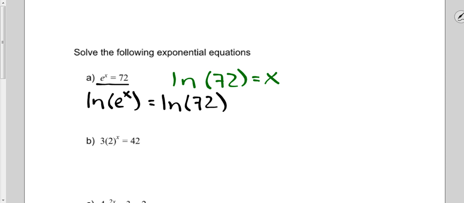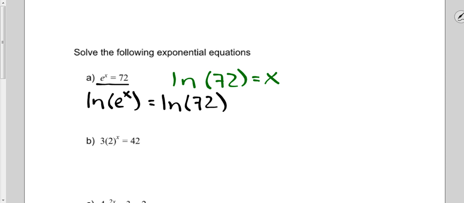Now, because we know these are inverse functions, what does this evaluate to, Logan? Natural log of e to the x. Those are inverse functions, right? If I take a function and then apply the inverse, what do I get? Remember the definition of the inverse function. If I take the function and then I take the inverse of that, I get what I started out with.